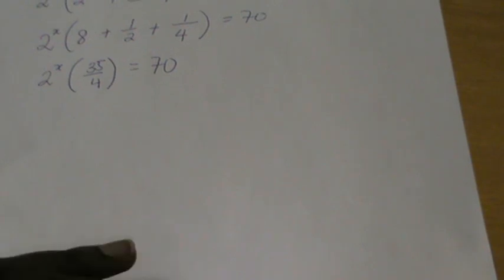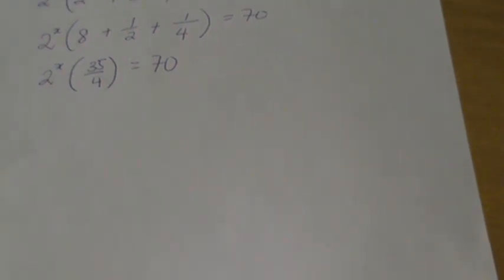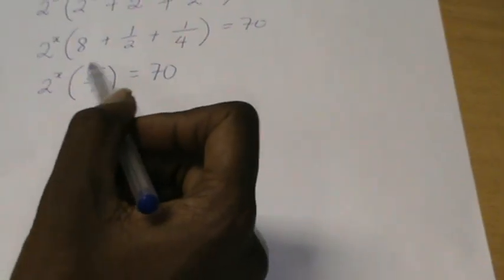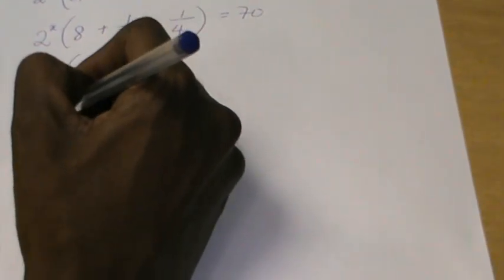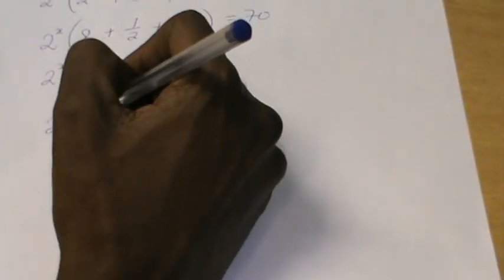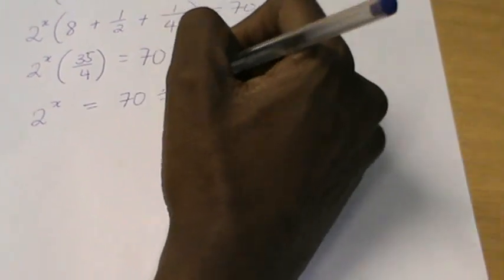Okay, now that I have that, remember how we always solve these questions. We always say everything with x on one side, everything that doesn't have x goes to the other side. So I can see these two are multiplying, so to get rid of this one, I should divide. So I have 2 to the power of x, and then I've divided, so I have 70 divided by 35 over 4.